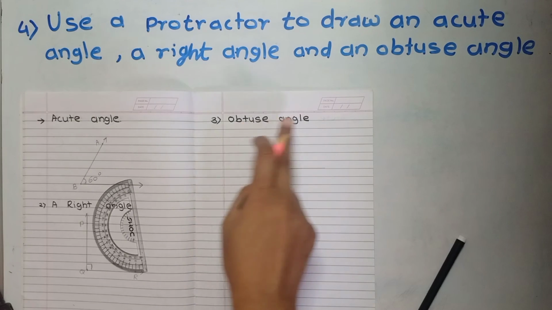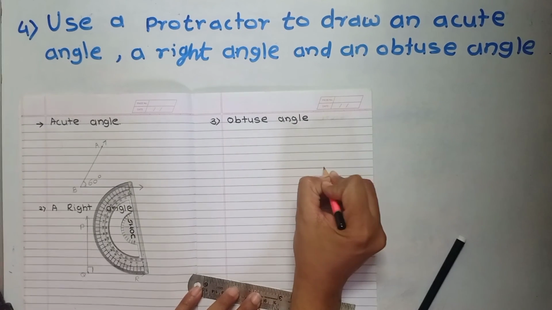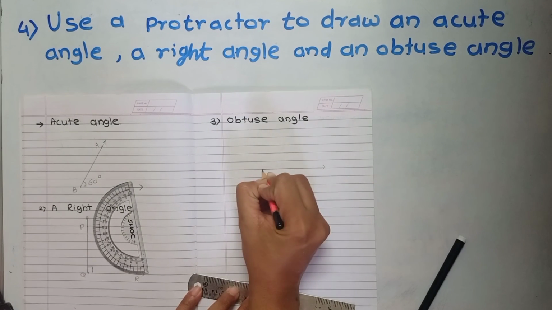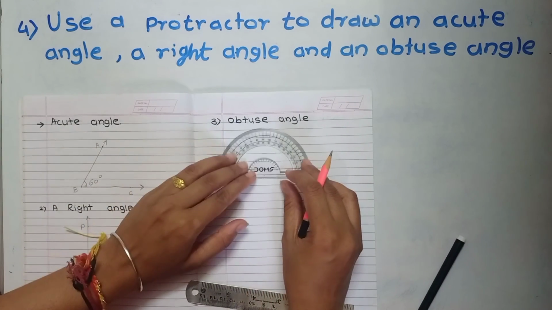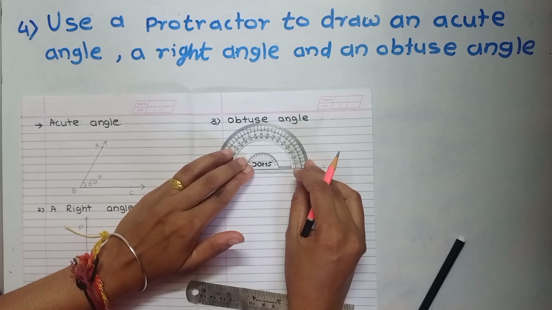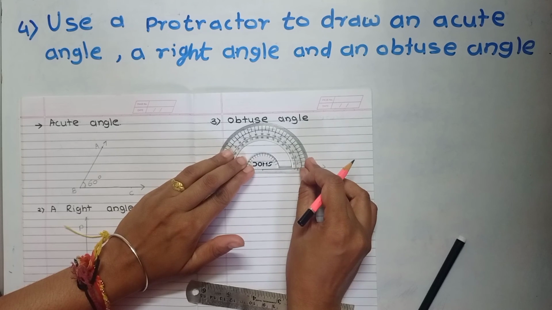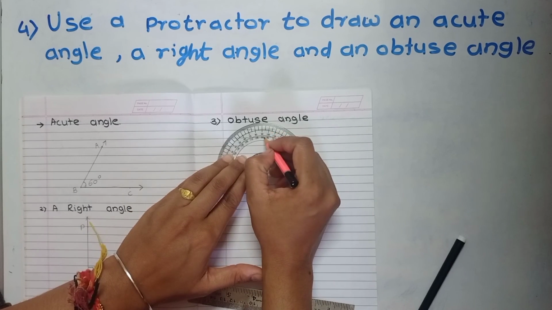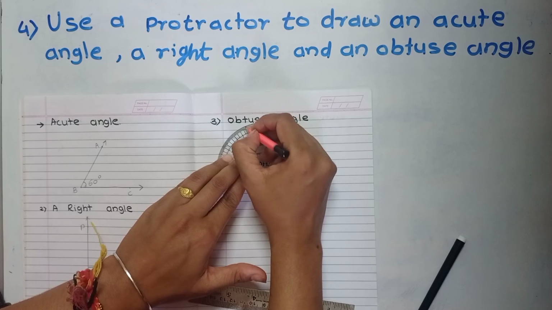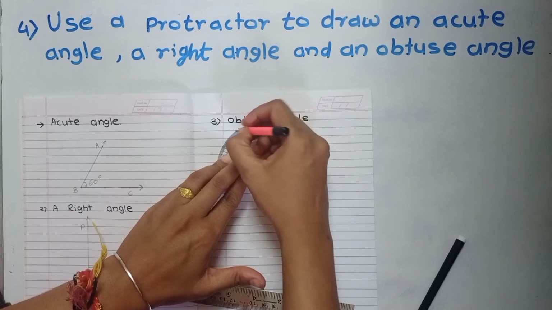Let's draw obtuse angle. You have to draw the arrow. Use the protractor and put the middle point of the protractor to the origin of the arrow. The line will be the same. Obtuse angle means the angle which is greater than 90 degree. So I have taken 120 degree angle.